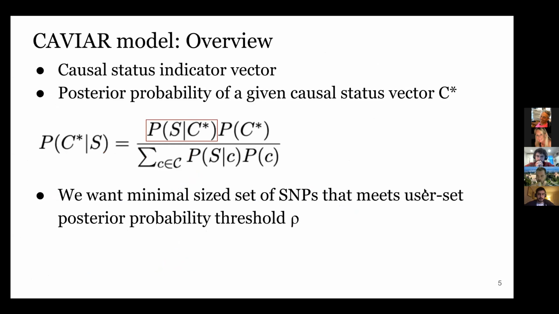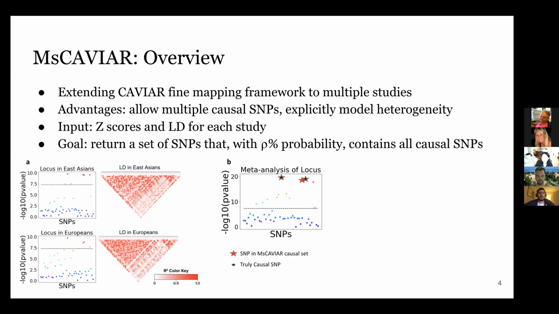Is the fundamental assumption here that a lot of the causal SNPs are shared across those racial groups? So that's why when you do meta-analysis, you could gain power. Yeah, so we do make that assumption. I've seen some recent studies that suggest that is often the case. Of course, it may not always be the case.